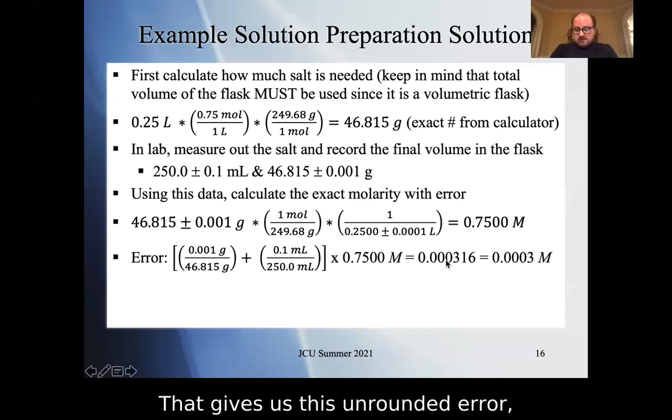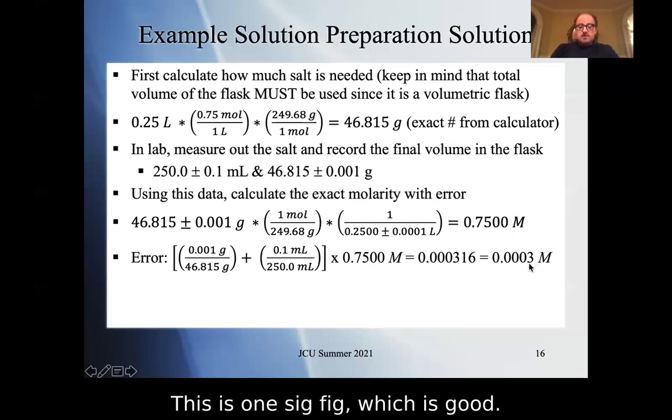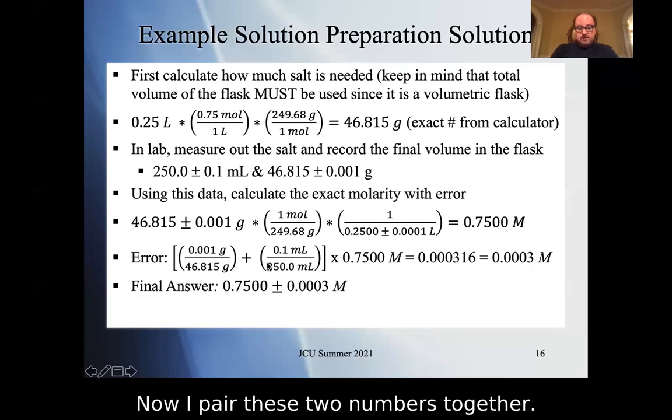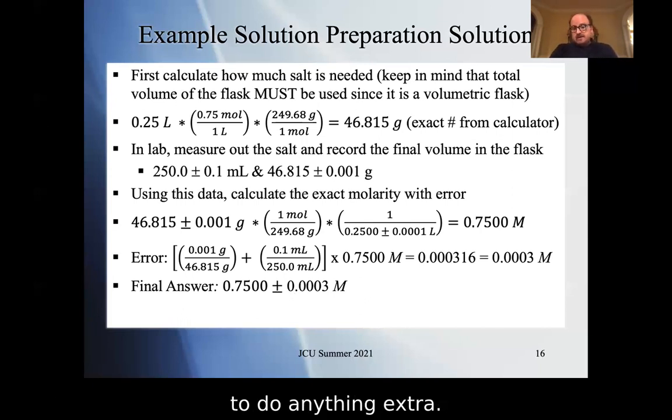That gives us this unrounded error, which we round to 1 sig fig, which gets us to the 0.0003 molar. Now this is 4 sig figs, which is good. This is 1 sig fig, which is good. Now I pair these two numbers together, and both of them are 4 decimals, right? So this is an example where they match without having to do anything extra.